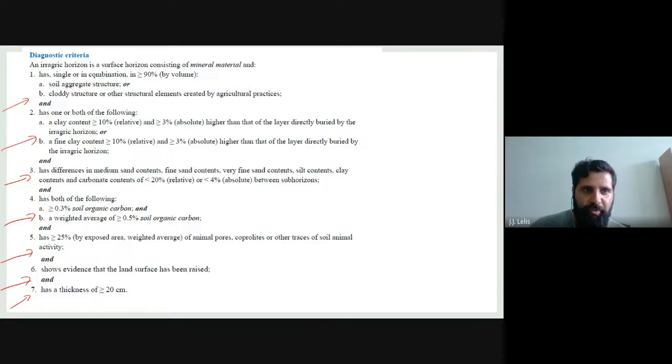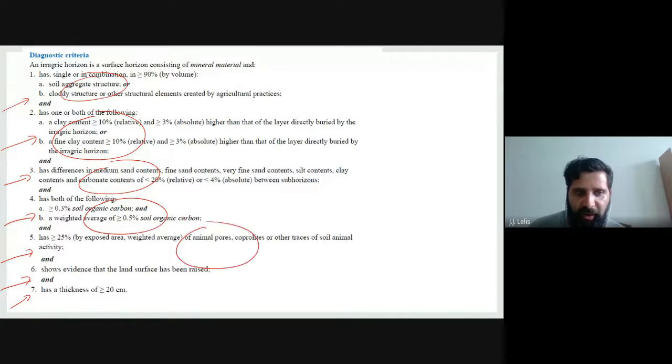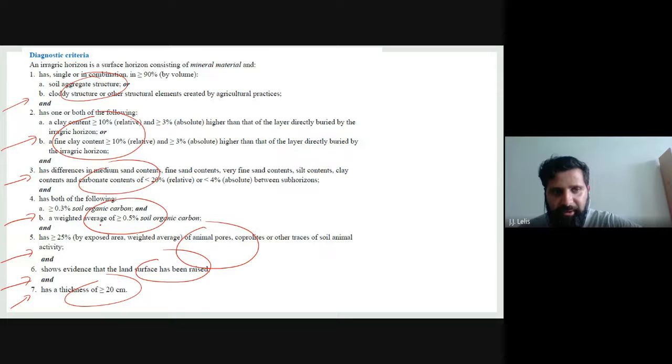Okay, so it should present aggregates, should present an increase of fine content, shouldn't present an increase of coarse fraction, should present a minimal content of soil organic carbon, should present some evidence of animal activity, should present evidence of a raised land surface, and should present a thickness of at least 20 centimeters.